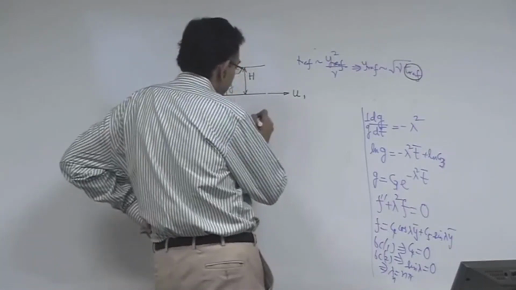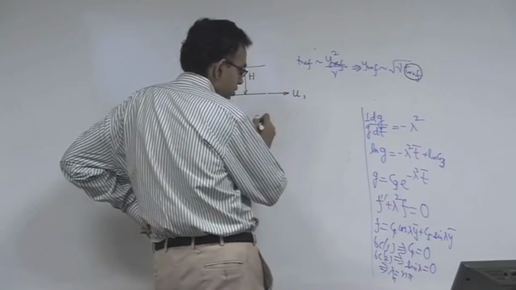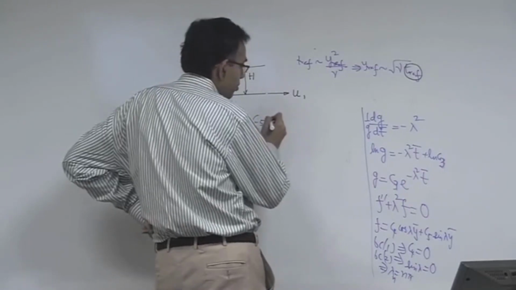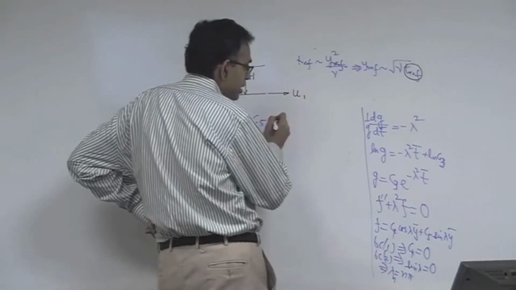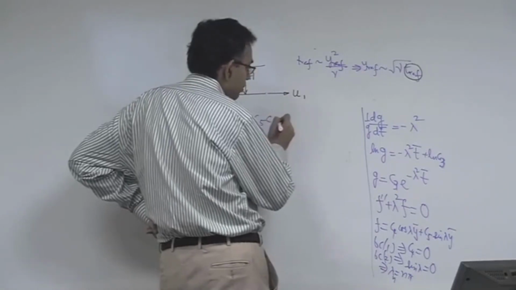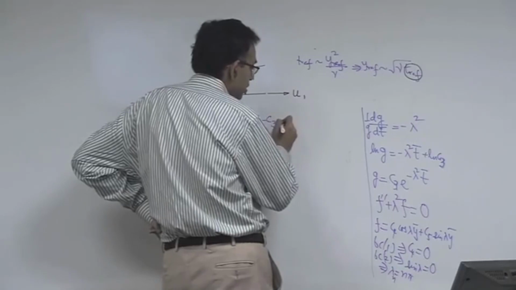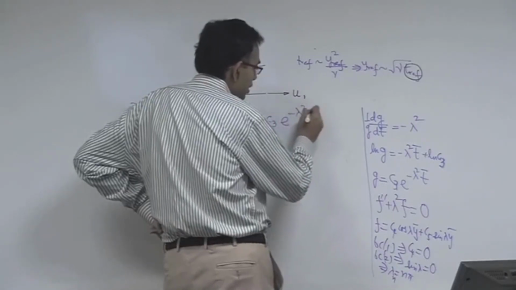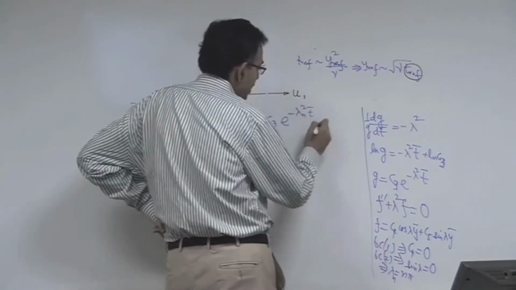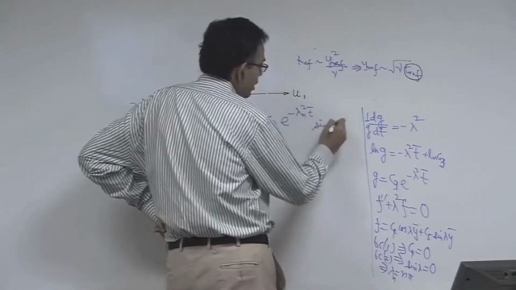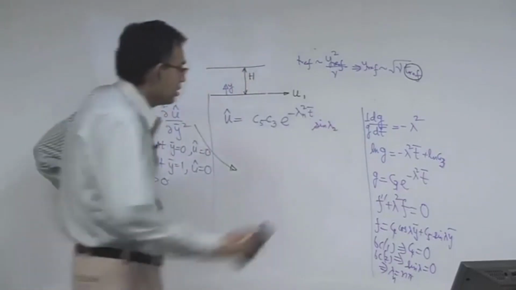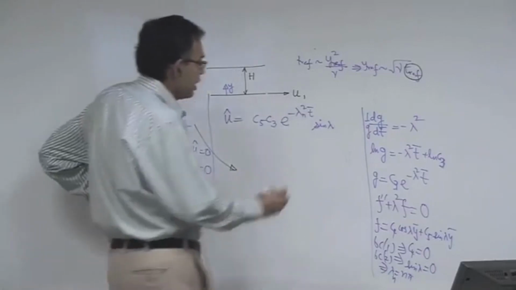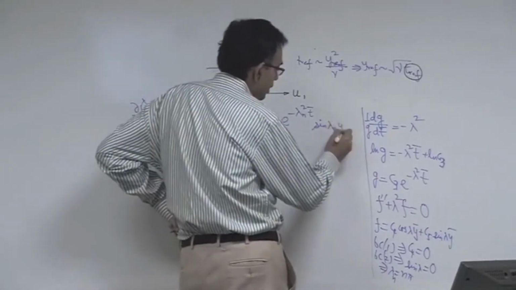F is C5 into sin lambda y, and g is C3 e to the power minus lambda square t. So, C5 C3 e to the power minus lambda n square t into sin lambda n y.